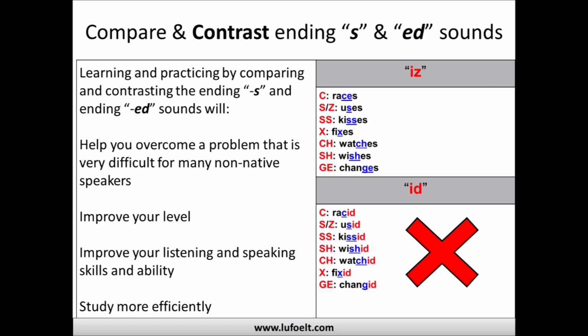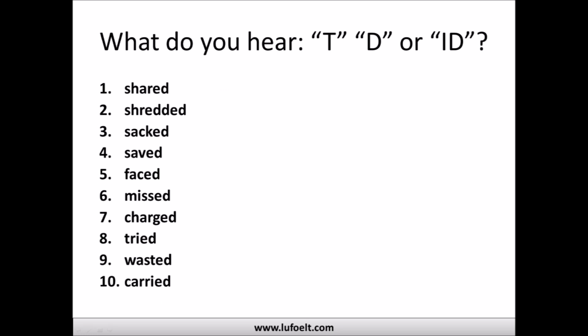Okay, so now just to end the video, first of all, I want you to look at the 10 words here on the screen. And before I pronounce them, I want you to write down what you think the ending sound is for all 10 of these words. Is it the T sound, the D sound, or the ID sound?